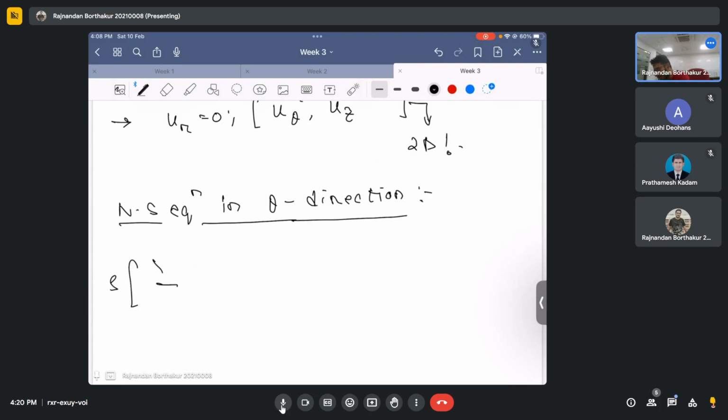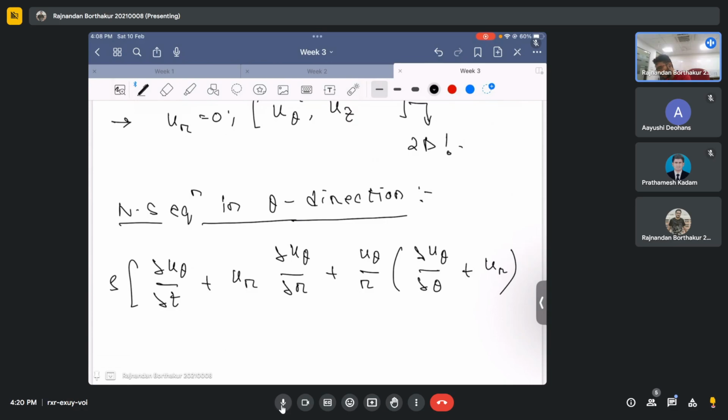The steady term is this, plus ur del u theta by del r plus u theta by r times del u theta by del theta plus uz times del u theta by del z. You don't need to remember this explicitly.